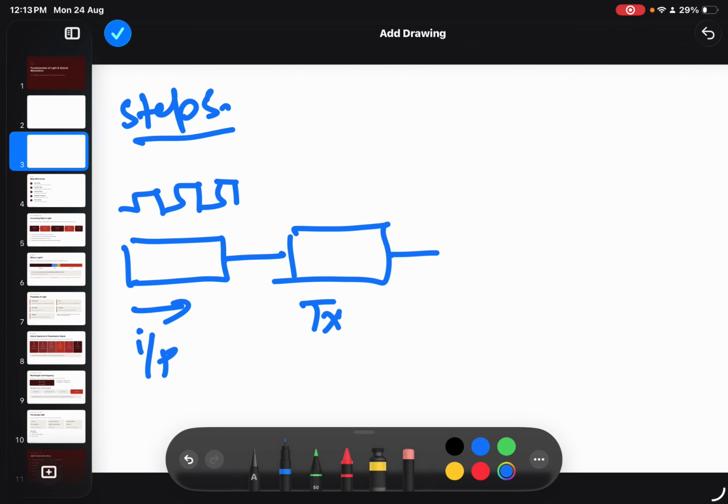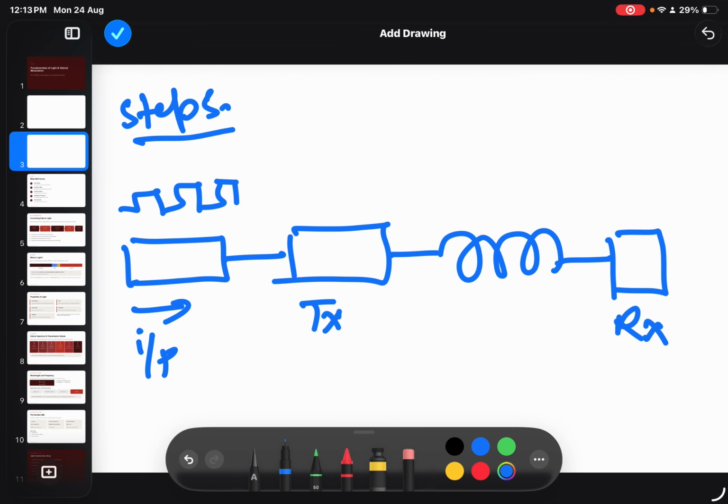Then we have the fiber optics that is connected. Then we have the receiver, post which that is your output. That again will get converted into electrical, since the input was an electrical signal.